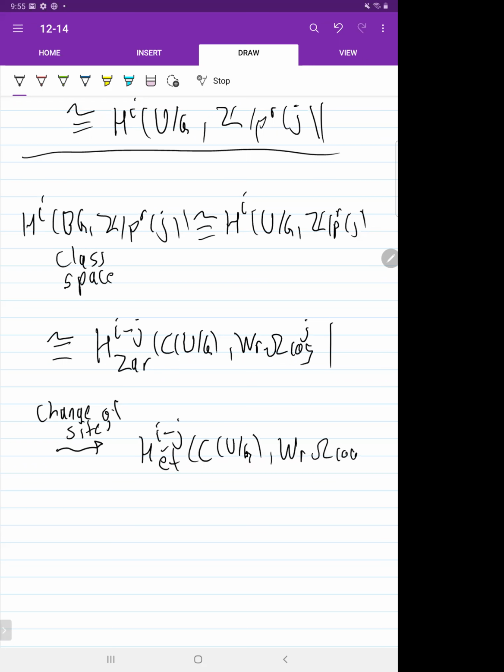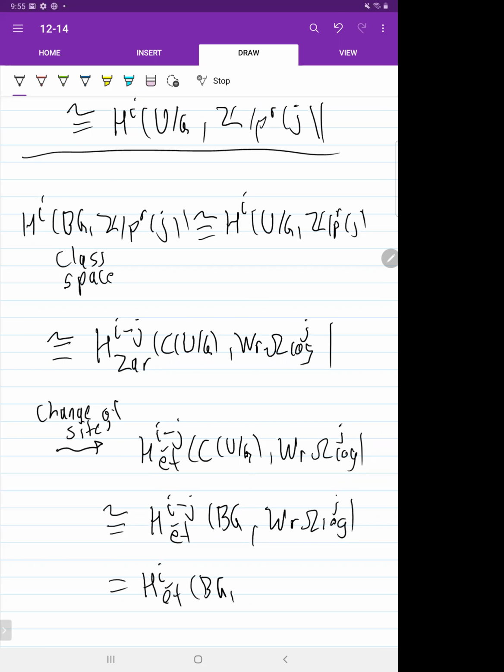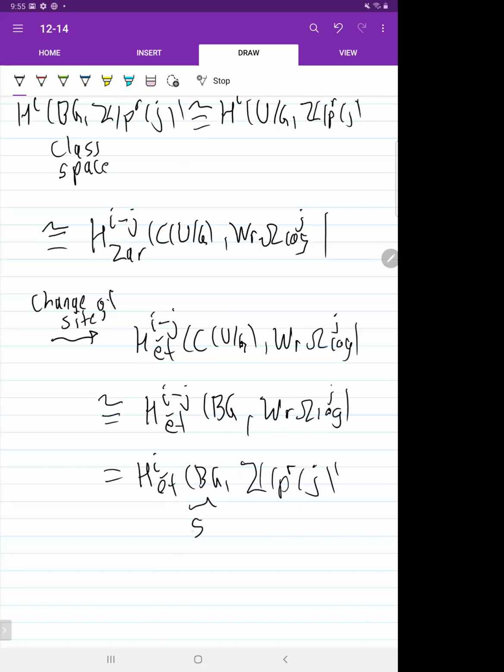And then the Čech nerve computes the étale cohomology of the classifying stack. So this is the classifying stack. And then this is a well-defined map.